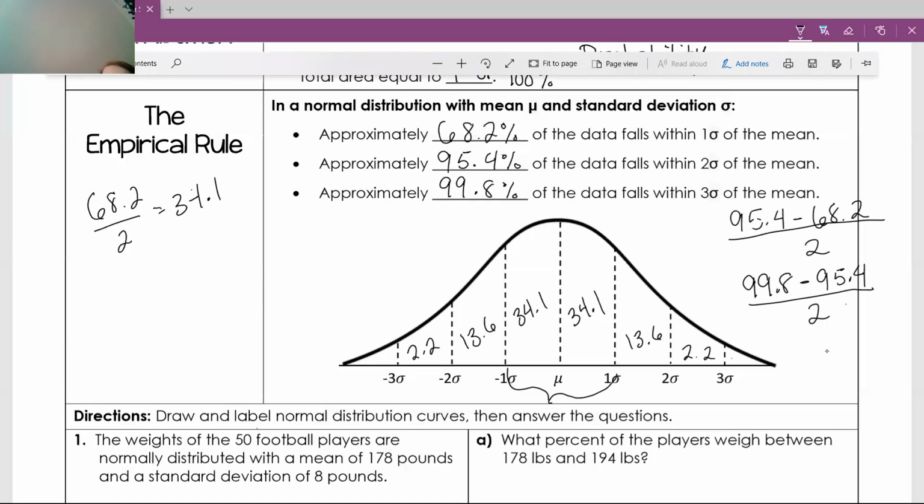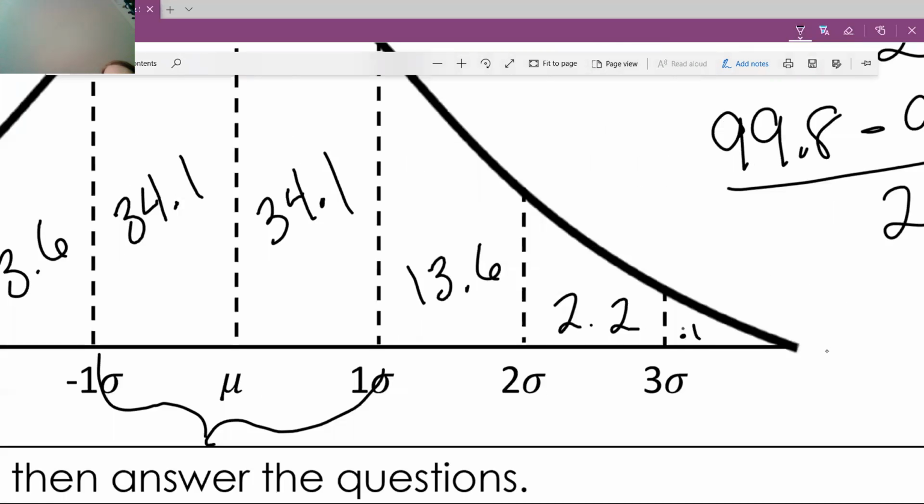And the little guys at the end. I know the whole thing is supposed to be 100%. I subtract out the 99.8% that I already have labeled and divide by 2. That leaves me with just an itty bitty little 0.1% for those little tiny pieces on the end.